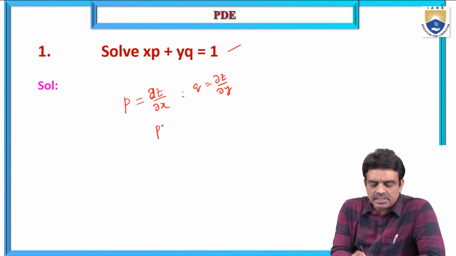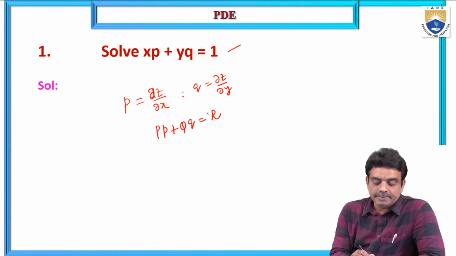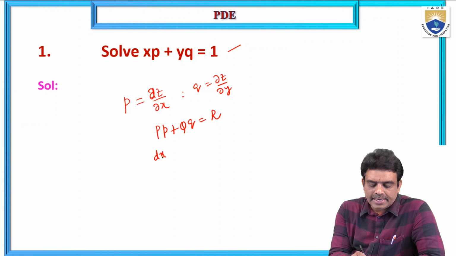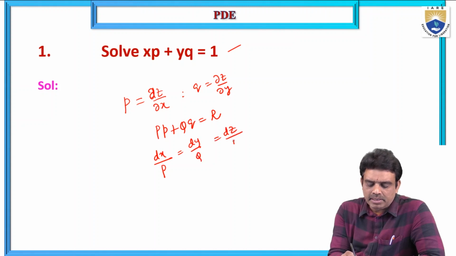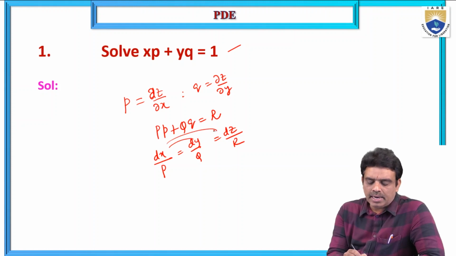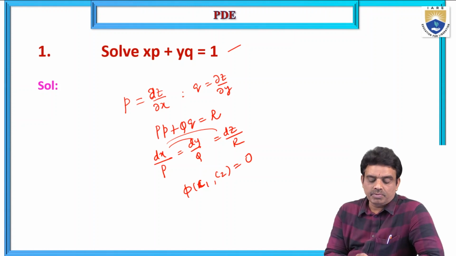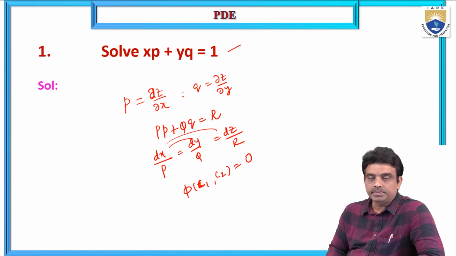If the given equation is in the form Pp plus Qq is equal to R, where P, Q, R are functions of x, y, z, then we have to write dx by P is equal to dy by Q is equal to dz by R. From this you can take any two and get the solution, and the solution will be in the form phi of C1, C2 is equal to 0. So this is the method of finding the solution of the given equation.